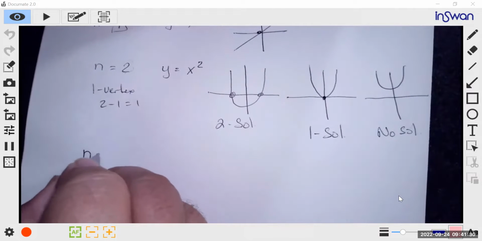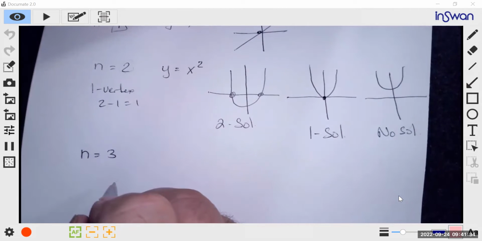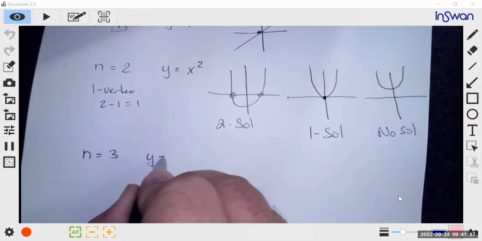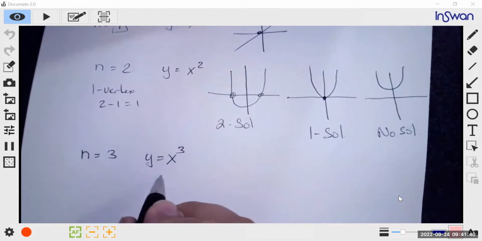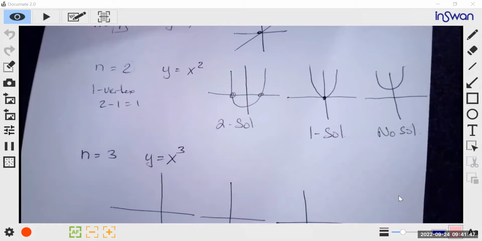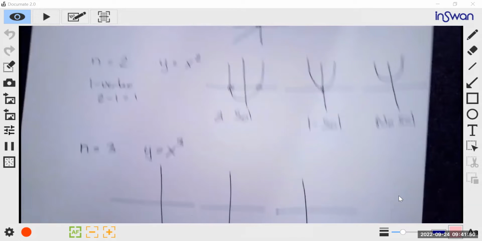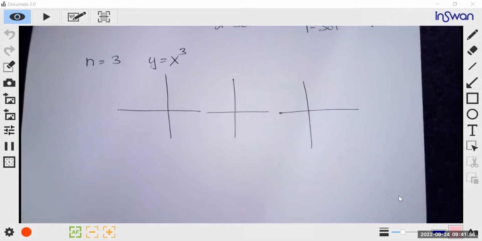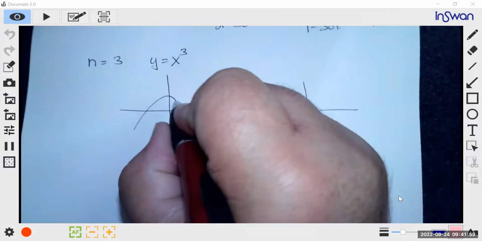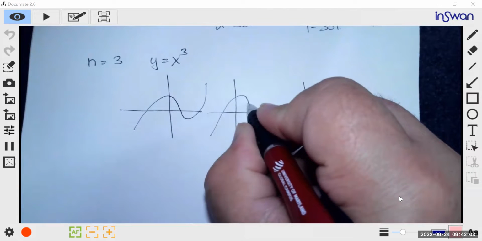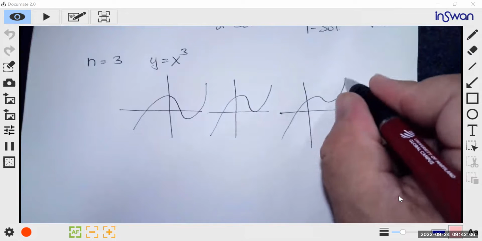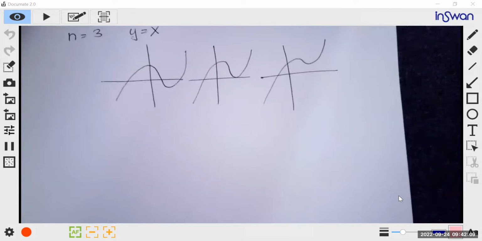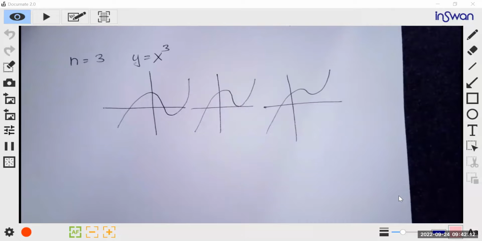Let's look at the next one. Let's look at n equals 3. y equals x cubed. We have 3 possibilities.